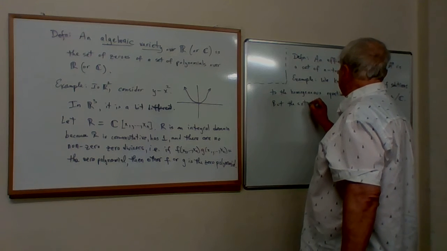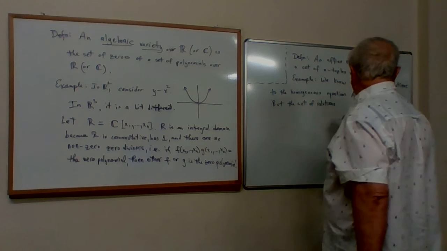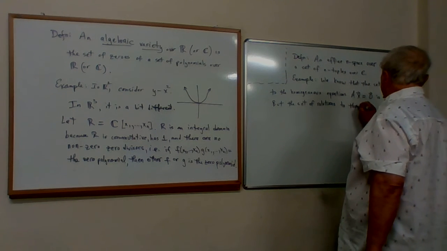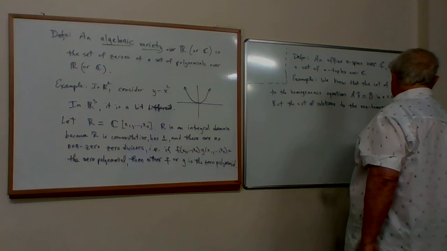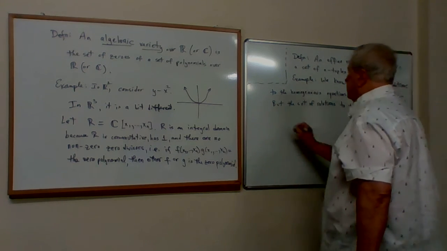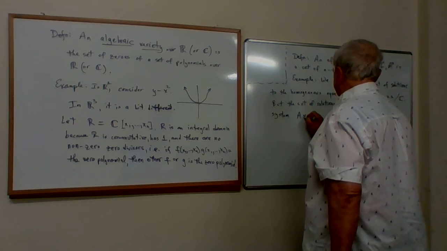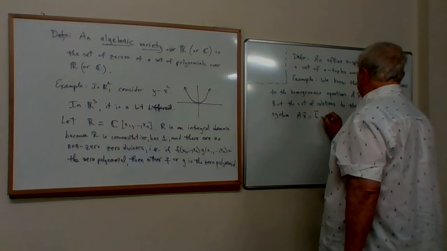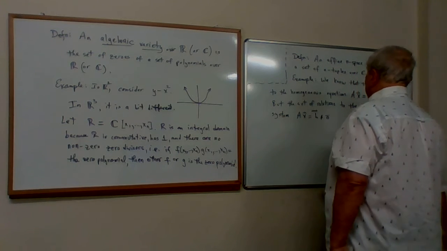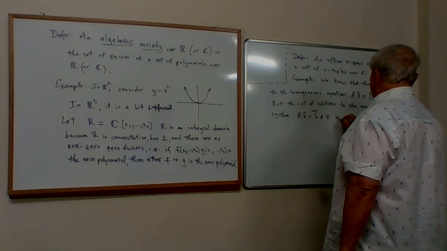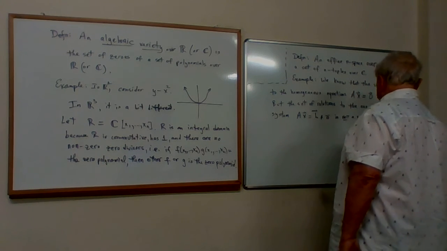But the set of solutions to the non-homogeneous system Ax equals, say, some vector b, where b is not equal to the zero vector, is not a vector space.